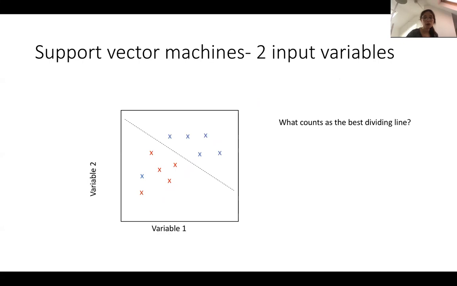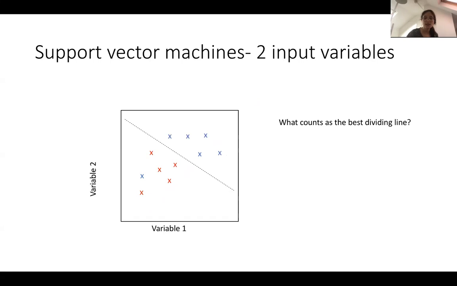When I explain support vector machines, I'll start off by explaining it as if there were only two input variables. In support vector machines, we draw a line, and everything above the line is labeled as being part of one category, and everything below the line is labeled as being part of the second category.